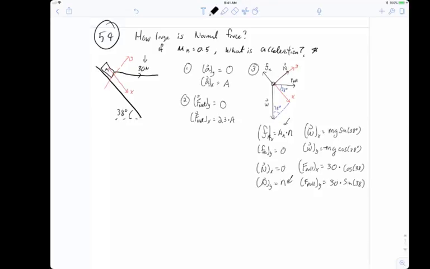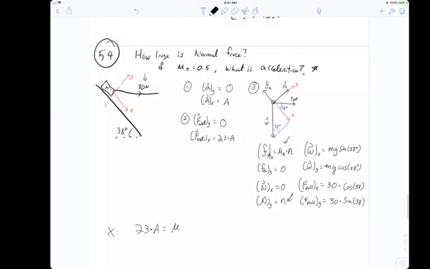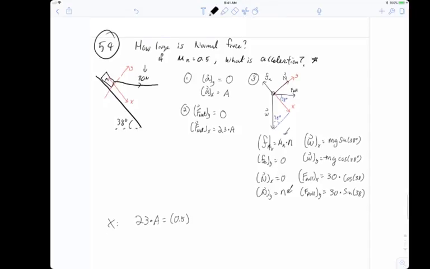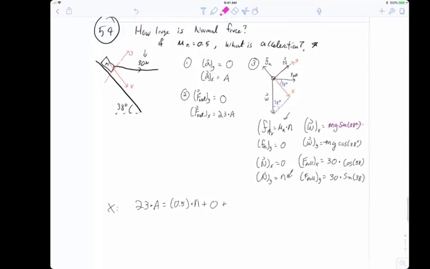And now we put it all together. So the x components is 23 times acceleration, and that's going to be mu k. I guess mu k, I've already been given that, so it's 0.5 times n plus 0 plus, okay, so I'm going to calculate these values. I don't want to waste too much time doing it, so I'll just do it now.